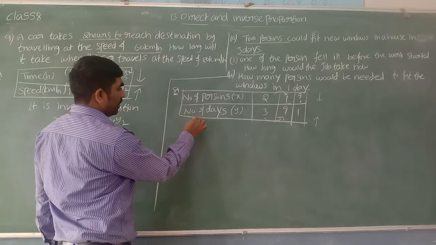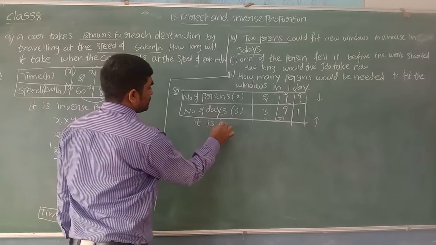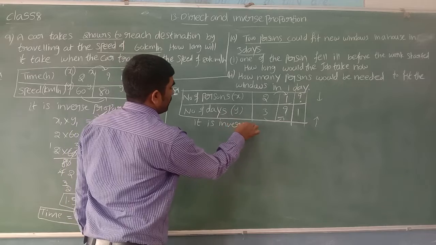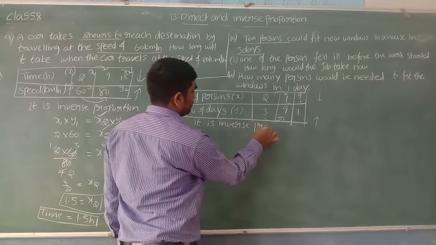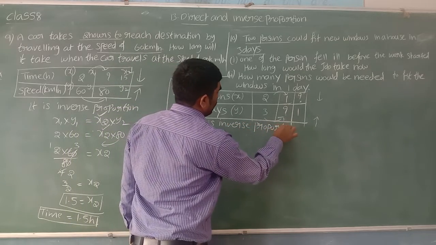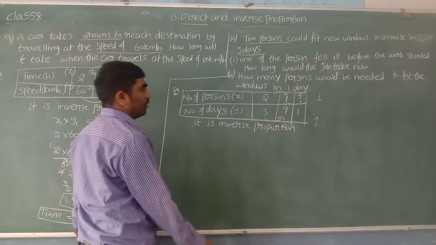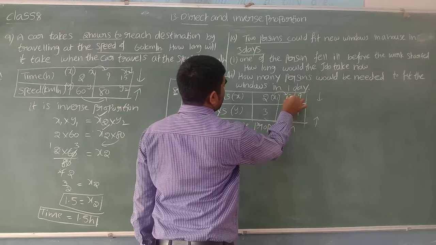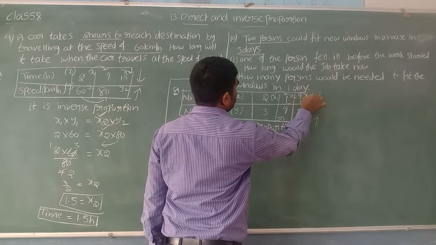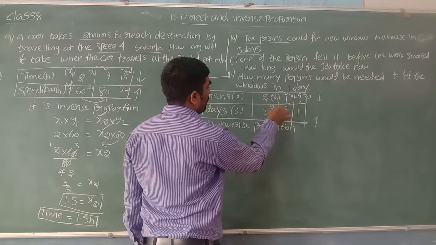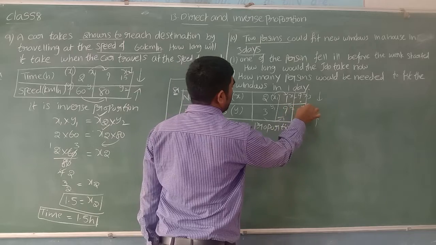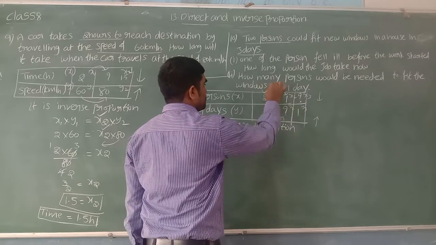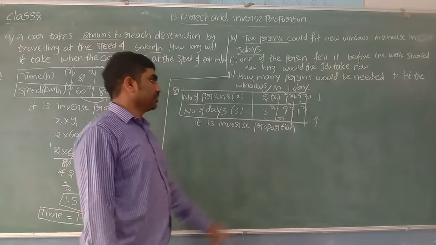It is inverse proportion. So once it is inverse proportion, we know the corresponding values of x are x1, x2 and x3, and the corresponding values of y are y1, y2 and y3. Now by using this, we will find x2.